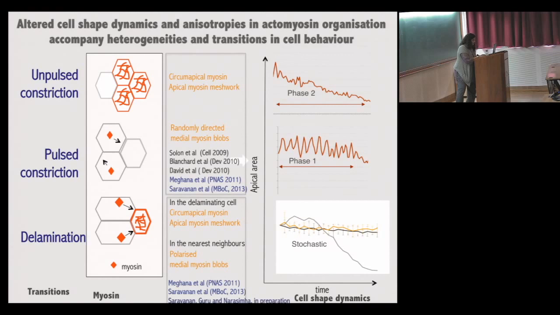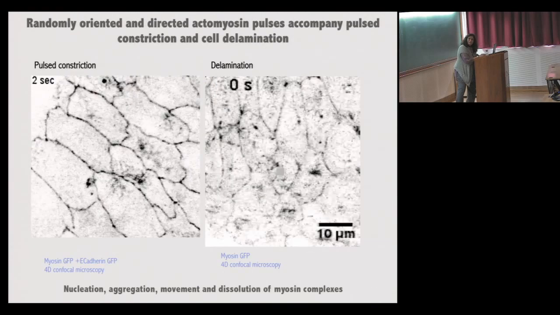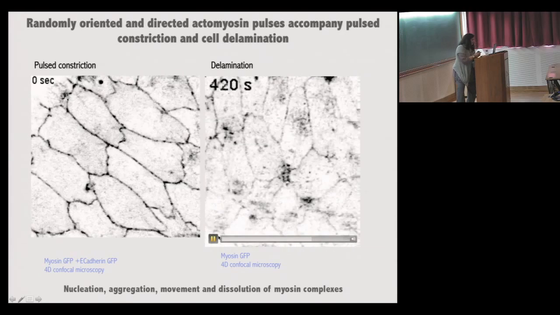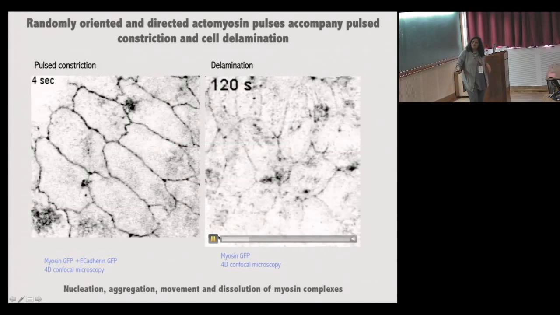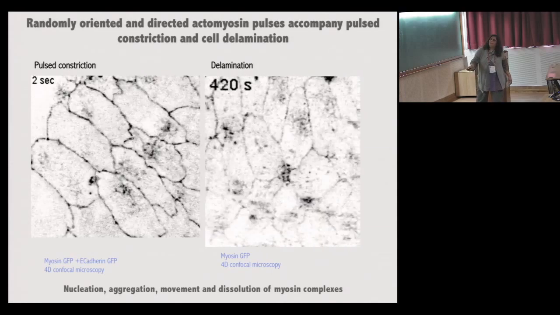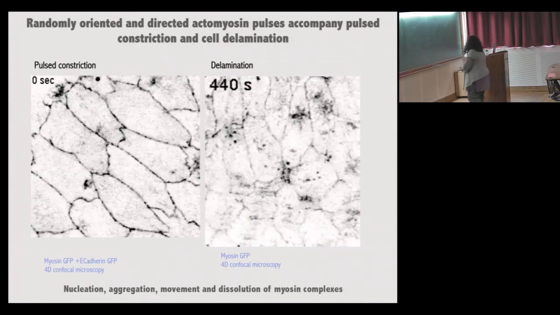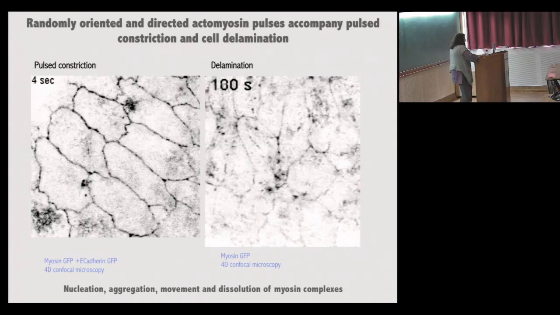And then, what I was showing you is that this here is pulsed constriction, and this here is cell delamination. And what you can see are some blobs of myosin that are directed towards this delaminating cell.